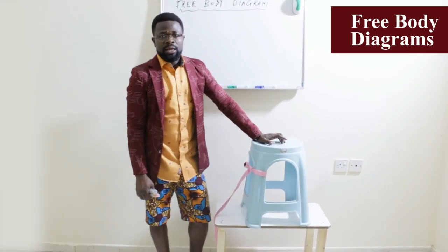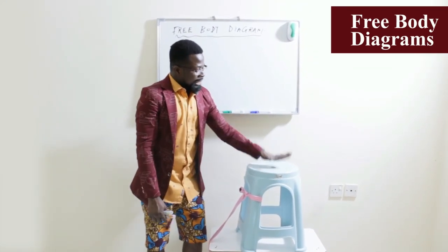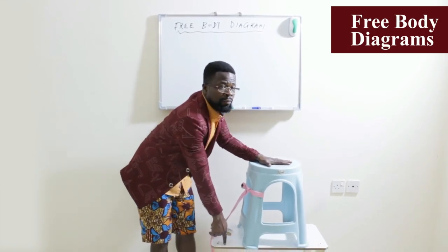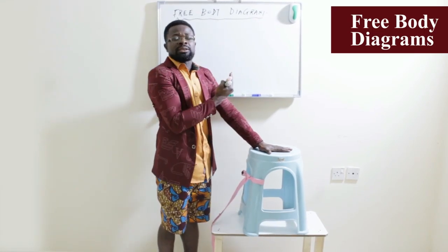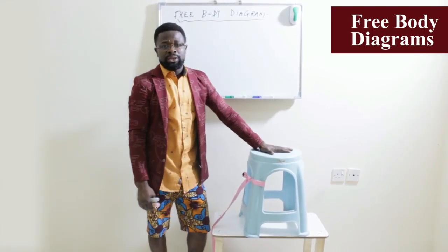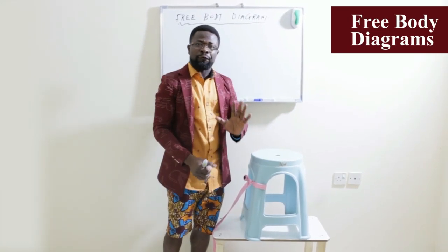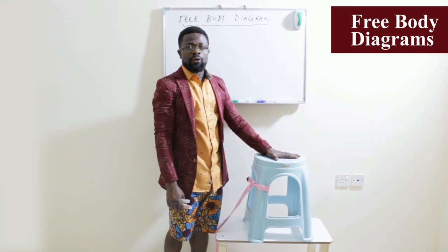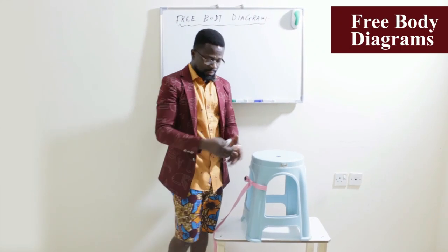The body applies a force in a downward direction to the table, and the table applies a force in an upward direction to the body. So to draw the free body diagram, there are two forces acting because this body is not moving.